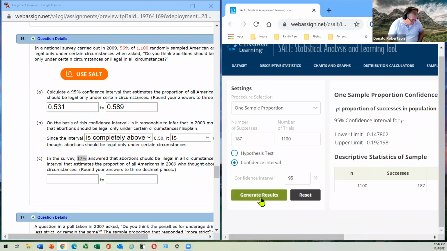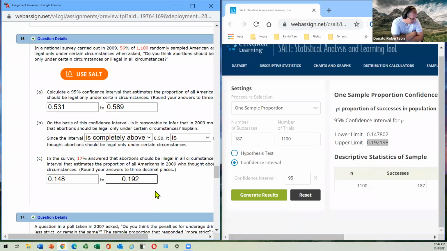And generate results. And if we do this as a comparison, there's the first answer. And here is the second answer. That guy rounds up to 148. And the one next door to it is 190.